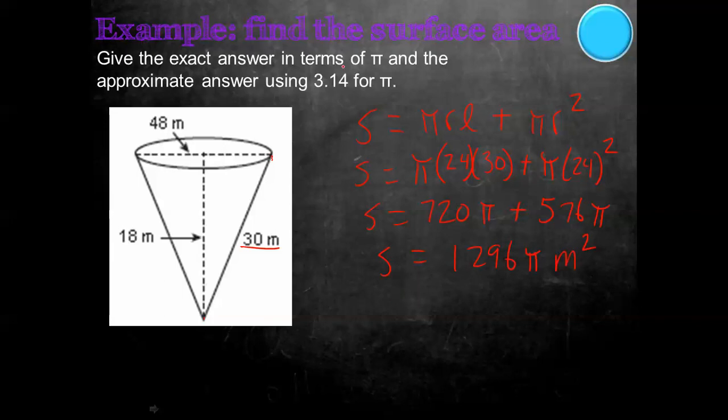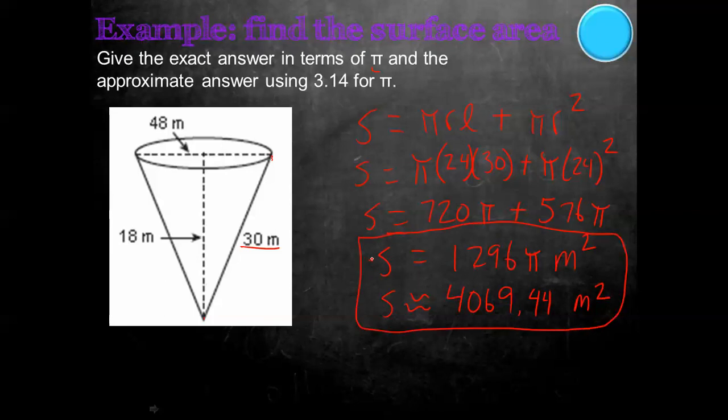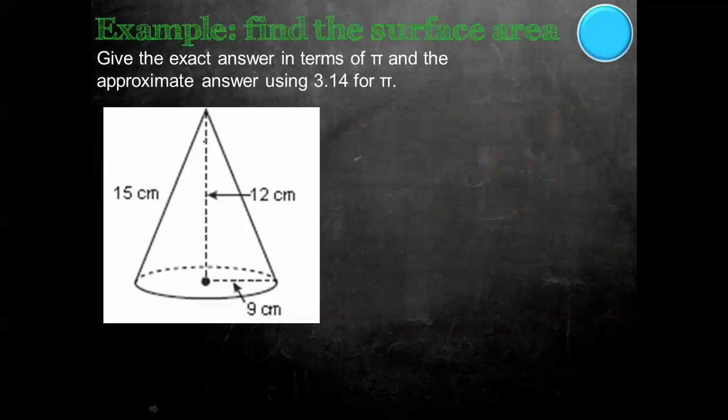So that would be the exact answer in terms of pi. The approximate answer, we would take 1,296 times 3.14, which would give us 4,069.44 meters squared. Okay, so those are our two answers. This first one is exact. The second one is approximate.